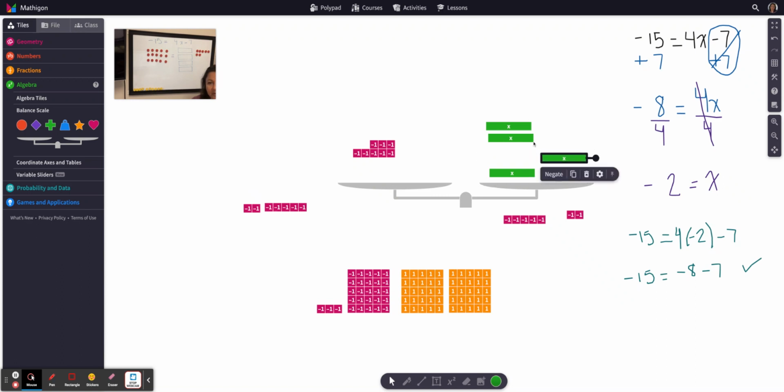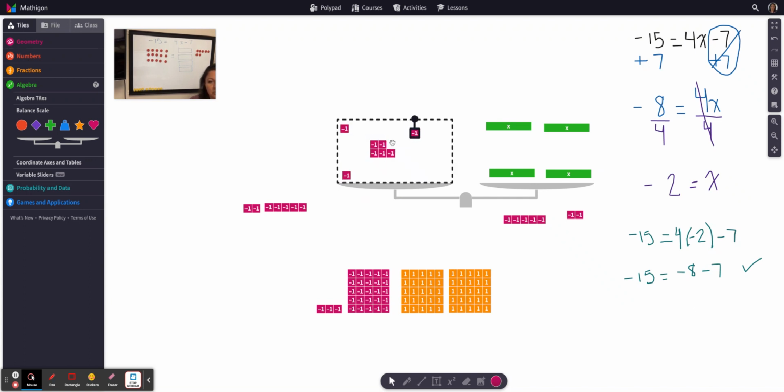Right? Maybe I'll go something like that. 1 in each corner. So I'm going to take these and split them up into 1 in each corner. So 1 here, 1 there, to represent each one of the x's. 1 here, 1 here.